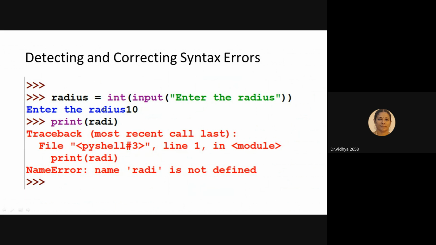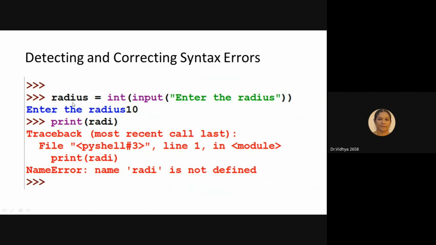Okay, so print of radius. Here we are trying to print the radius value, but we have given the variable name wrong. Instead of radius, we have given radi. So we are getting an error as name error: radi is not defined, because we haven't defined the variable radi.